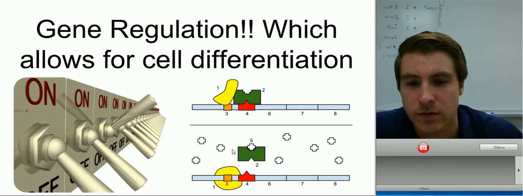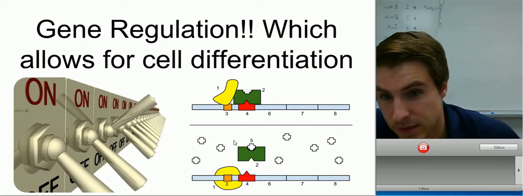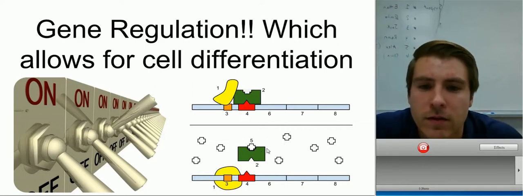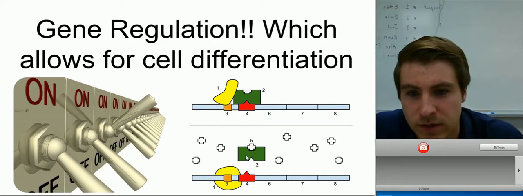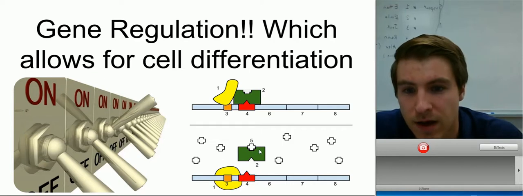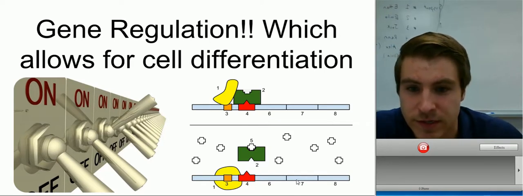However, in this scenario, this might be a muscle cell. We have the white molecule floating around, which when it binds to the repressor causes the repressor to pop off the gene, allowing for the RNA polymerase to move forward in this direction and cause that gene to be expressed.